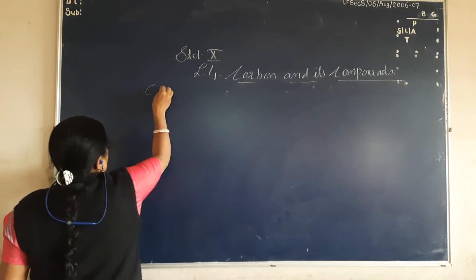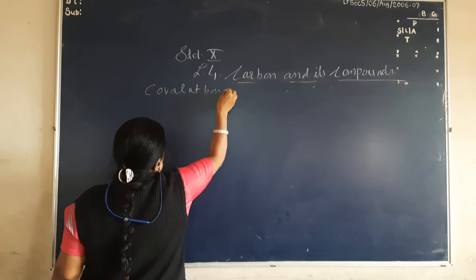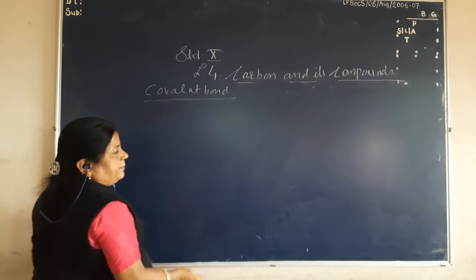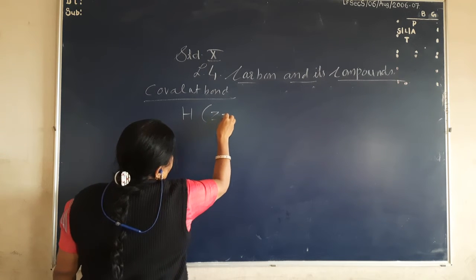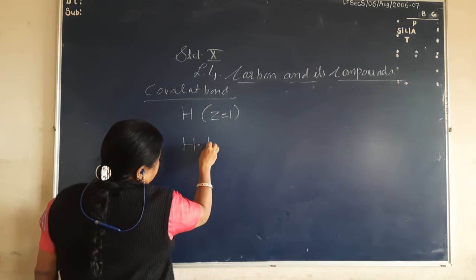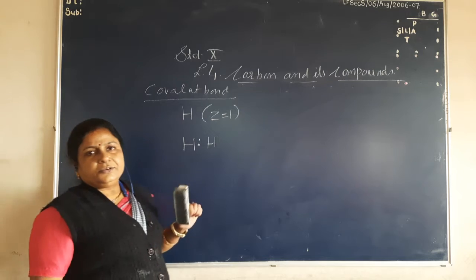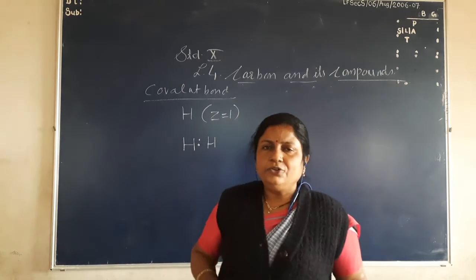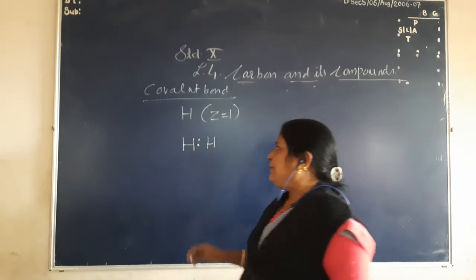If I talk about covalent bond, let me show you the example of hydrogen. What is its atomic number? 1. So hydrogen has 1 electron. The second hydrogen also has 1 electron, so they both need 2 electrons in the outer shell to get the stable configuration of helium, right? So what will they do?